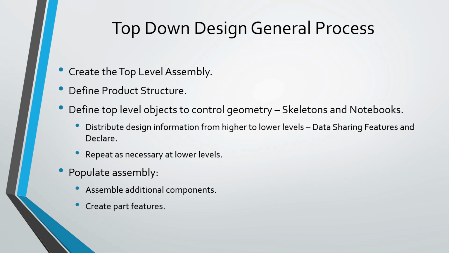So you'll put those into the assembly and you'll build the individual part features. So for example, if you've shared information from a skeleton down to an individual part, you'll use that geometry that was shared in order to design the part features. So again, I want to stress, this is not a linear process. You'll be jumping around through these different steps.